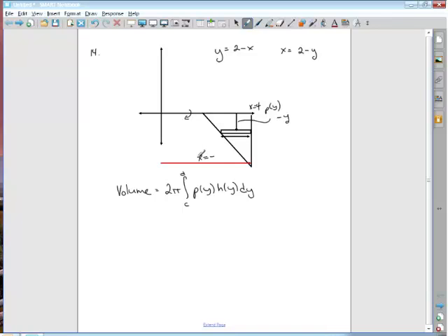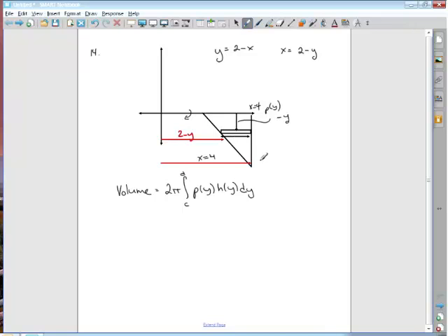So this is x equals 4. It is a function of y, but y is equal to 0 in this case. So it's just x equals 4, just like we have x is equal to 2 minus y. So this distance here is equal to 2 minus y.